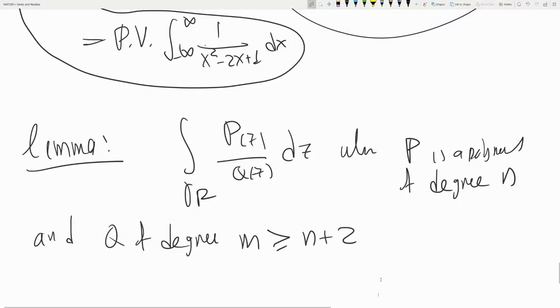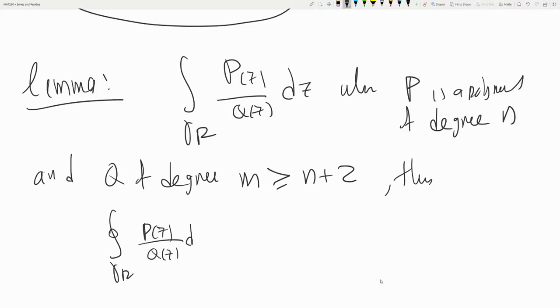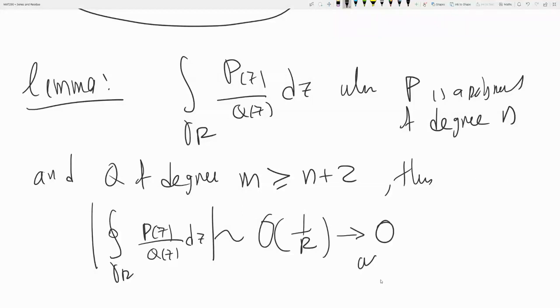Okay, then the integral over Γ_R of P(z) over Q(z) goes to 0 as 1 over R. Okay, all right.